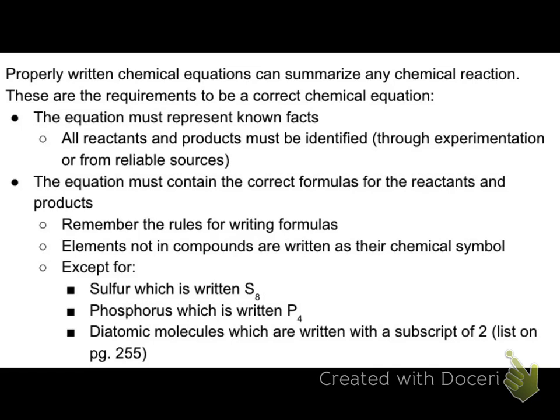So some common ones would be hydrogen, nitrogen, oxygen, and fluorine and chlorine. Those guys all tend to exist as gases and they're diatomic. And then bromine is a liquid, it's usually diatomic, and iodine is a solid, and it's usually diatomic as well. So meaning for all of those, you would write their chemical symbol with the subscript 2 to indicate that there's 2 atoms bonded to each other.